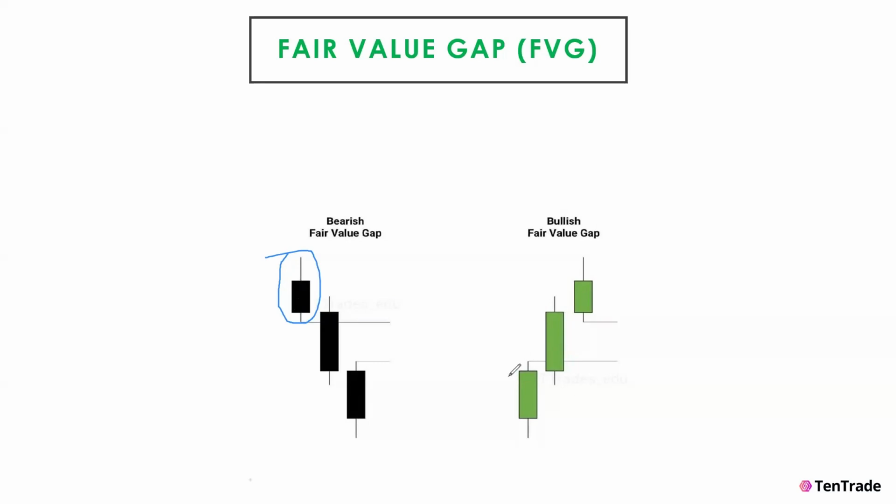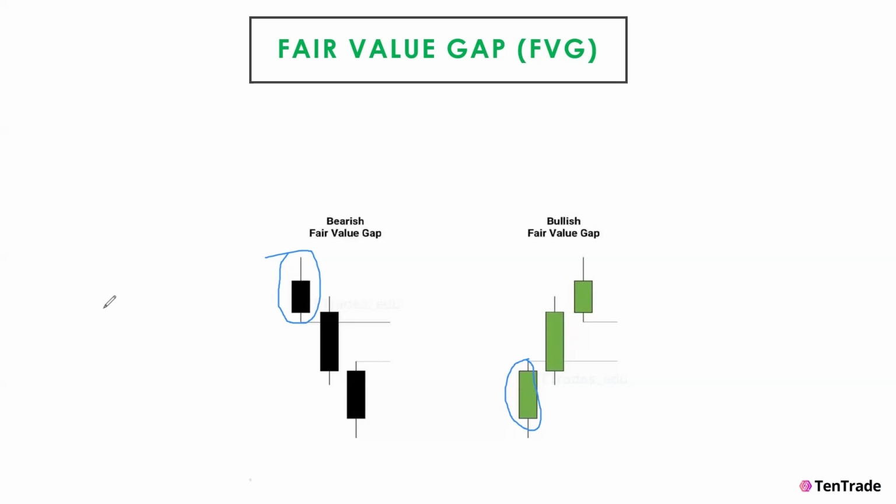You can have this candle bearish and the rest bullish. As long as the high of this candle is not connected to the low of the third candle, there is still a fair value gap, because there is still that imbalance. The market will still come back to rebalance it. Very important.